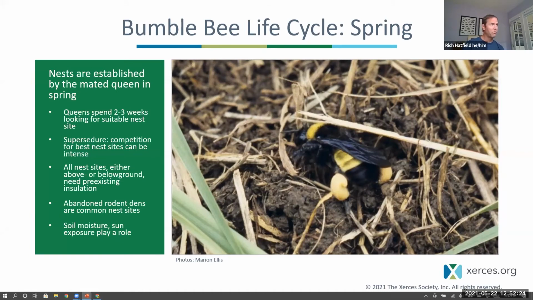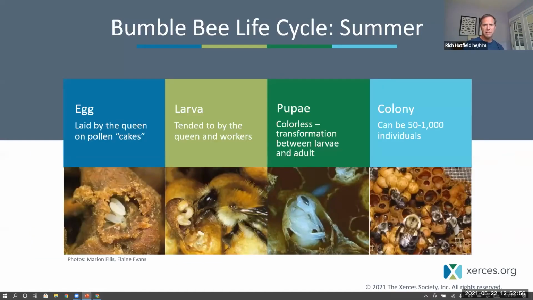Abandoned rodent burrows tend to be very important here, largely because bumblebees need an existing cavity. They can't dig their own nest. They need to find an existing hole, and ideally a hole with insulation to help them regulate the temperature of their nests. And so abandoned rodent burrows fill this bill pretty comprehensively.